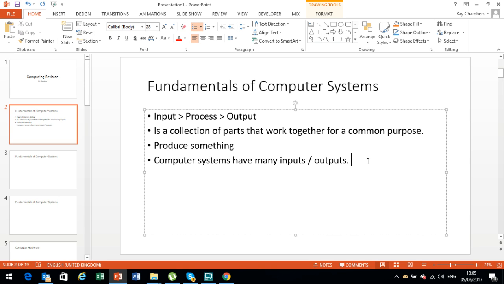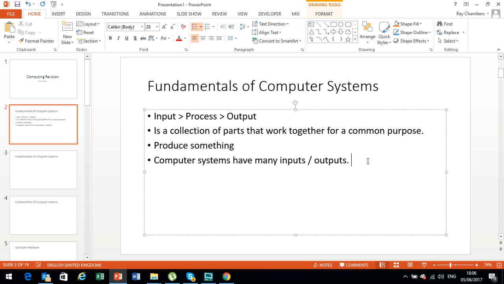So you've learned how to define a computer system. The next thing you need to be able to do is describe the importance of computer systems in our modern world. Computer systems are used on a day-to-day basis for many things. They're found in electronic gadgets and control devices such as washing machines, cameras, burglar alarms, telephones, and in each case these are computer systems.